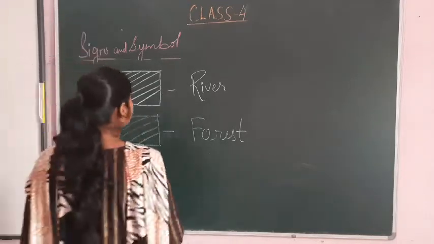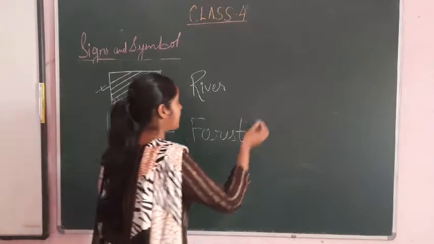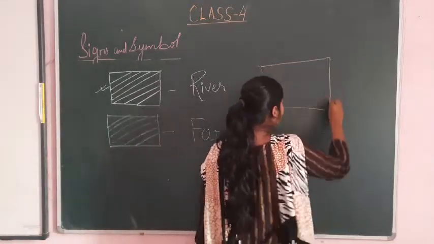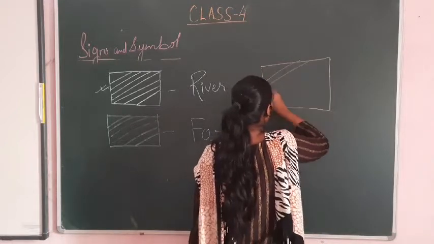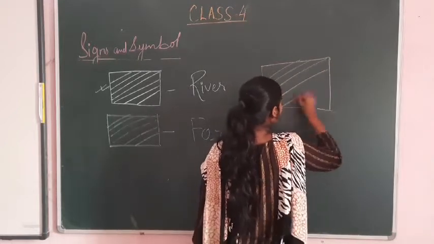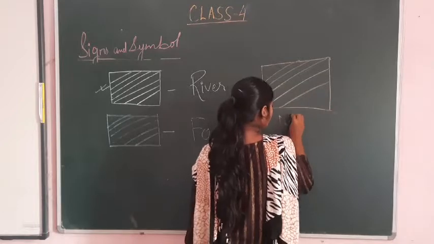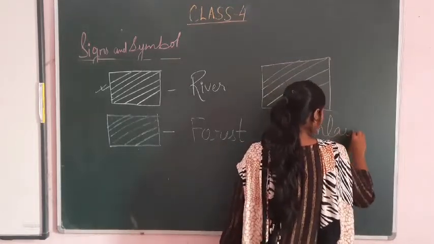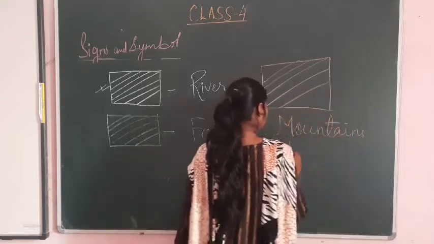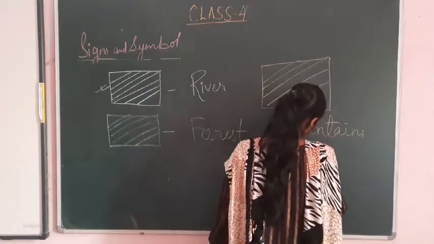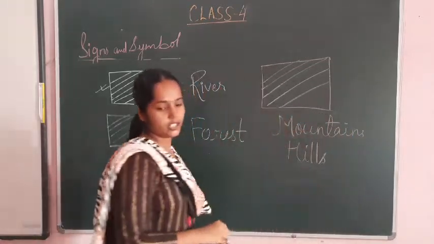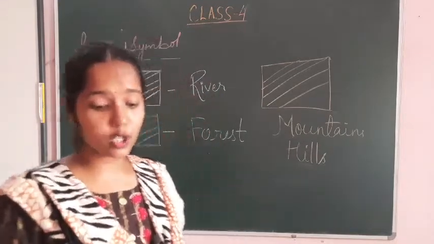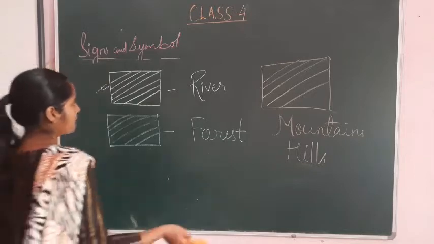Brown symbolizes mountains, hills, desert, okay. So this is what? This is mountains, isn't it? Mountains, hills, you can say. Understood? These are the colors of the symbols given in your map, okay.